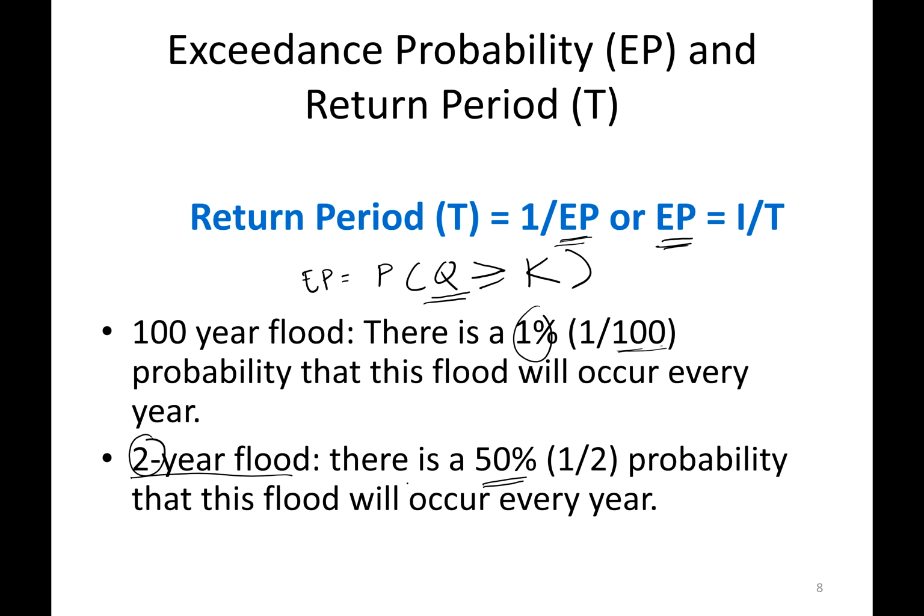So instead of saying a 2-year flood, we say there is a 50% probability that this flood will occur every year. Same with the 100-year flood. Instead of saying a 100-year flood, a good way to say it is that there is a 1% chance that this flood may occur every year. That way it takes away the notion that if I get the 100-year flood now, I will not get this for another 100 years.